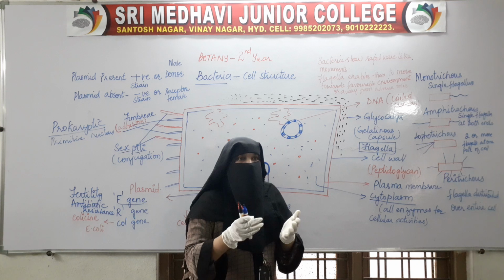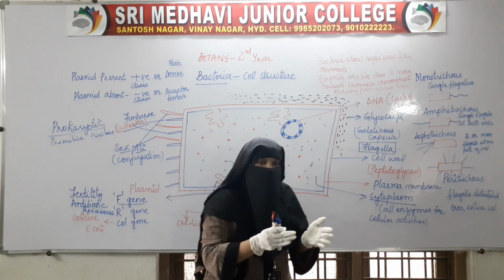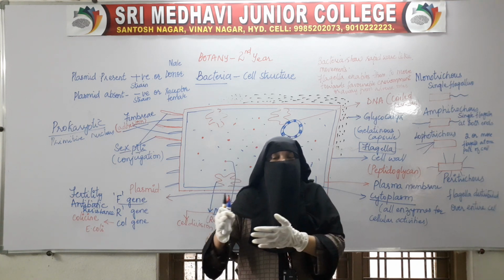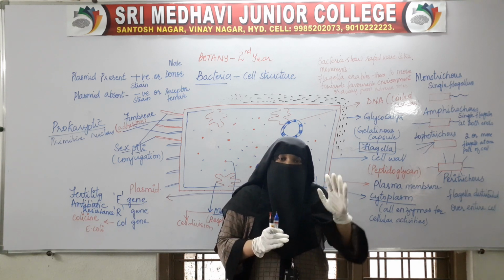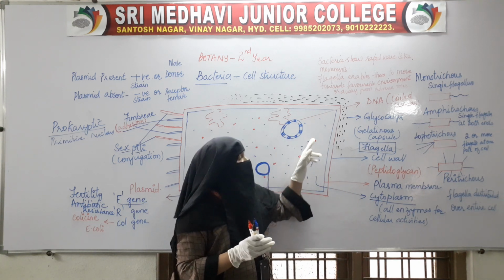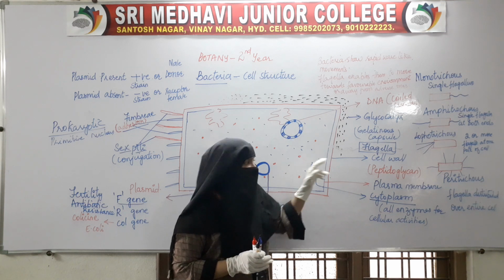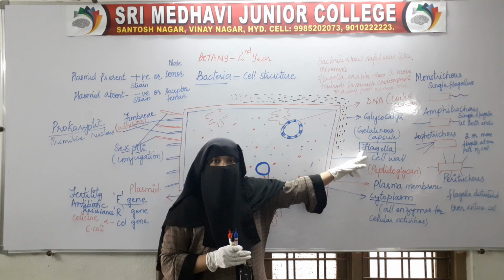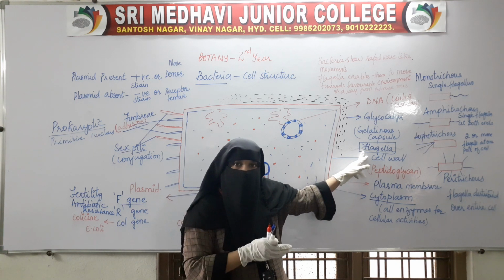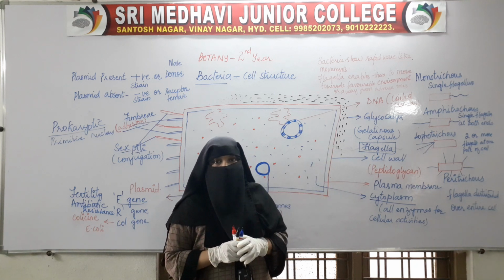For example, if they are in adverse conditions, they need to move from that place to a favorable place where the conditions are normal. So if they want to move away, who will be helping in the movement? Flagella. Flagella will enable bacteria to move from adverse conditions to favorable conditions.